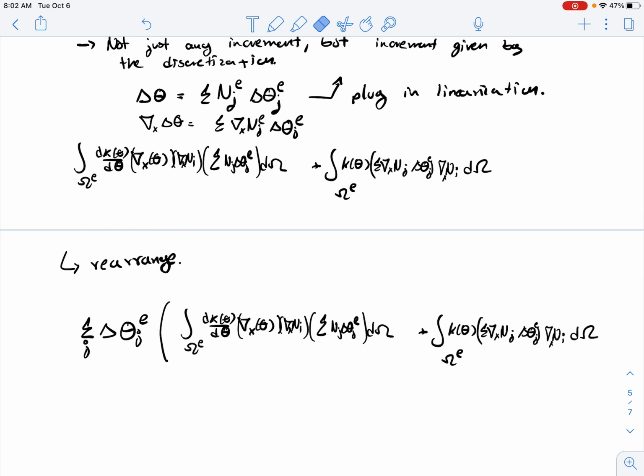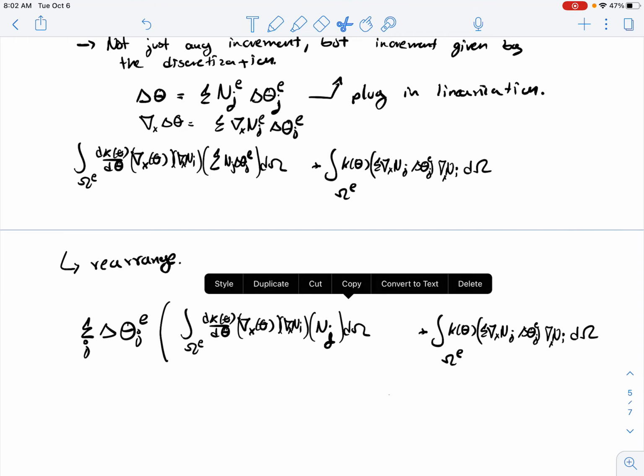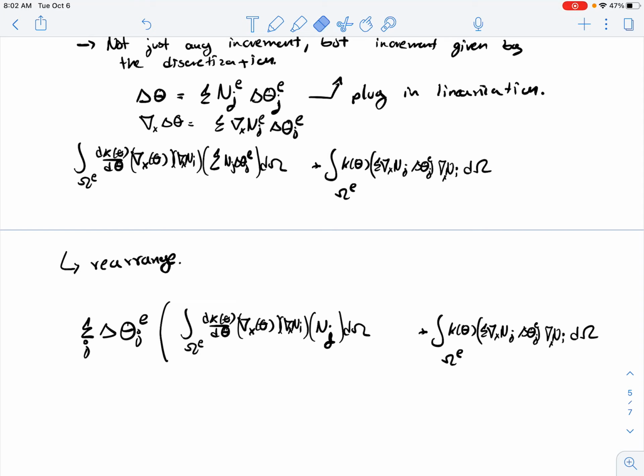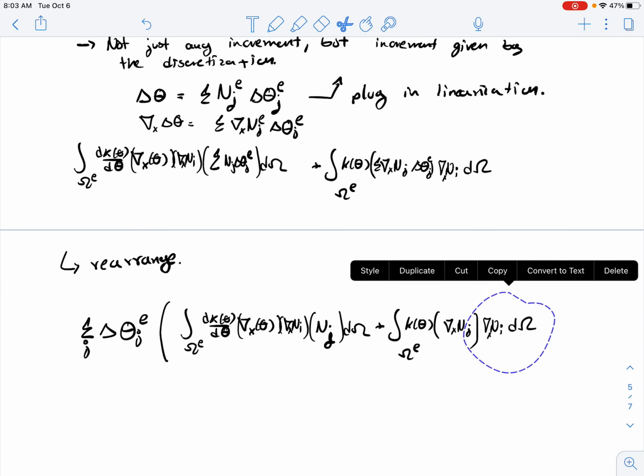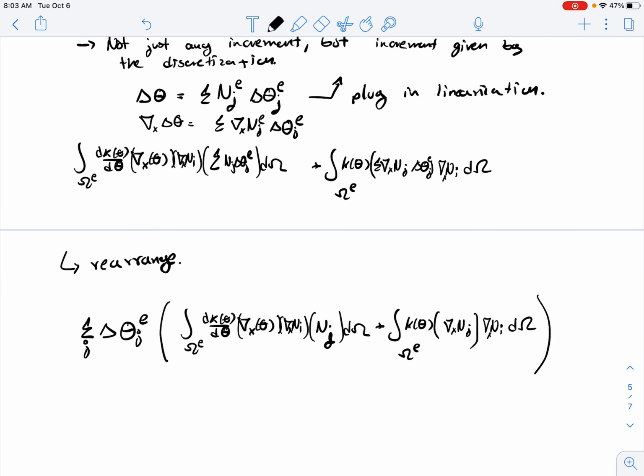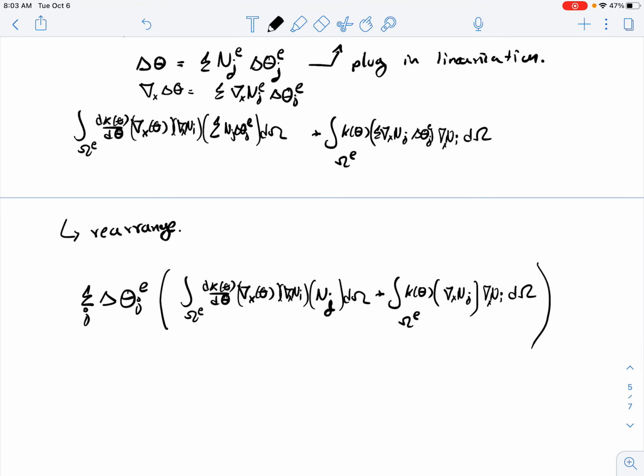So everything like this, but now I don't need this, I just need N_j here. N_j here. And then here I also don't need the sum, I just need the gradient of N_j, times the gradient of N_i. There we go. Right?